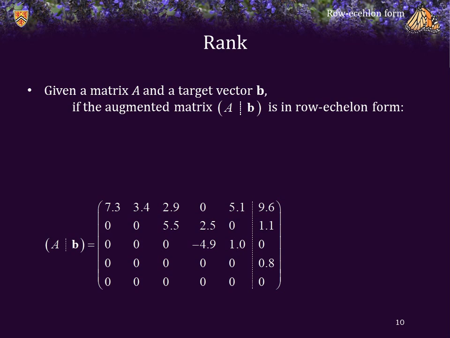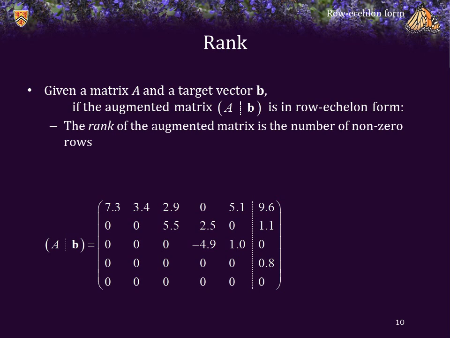Now, given a matrix A and a target vector B, if the augmented matrix AB is in row echelon form, as for example below, the rank of the augmented matrix is the number of non-zero rows. So in this example, we would say that the rank of this matrix is equal to 4, as there are 4 non-zero rows.